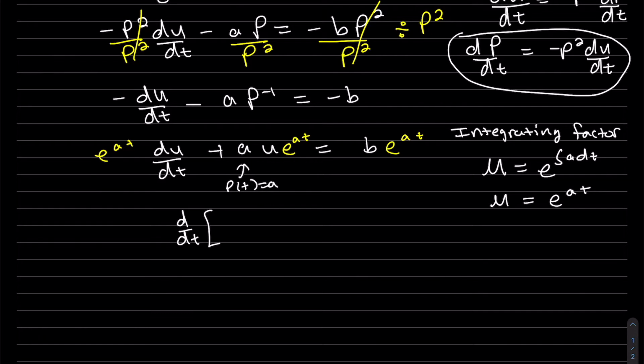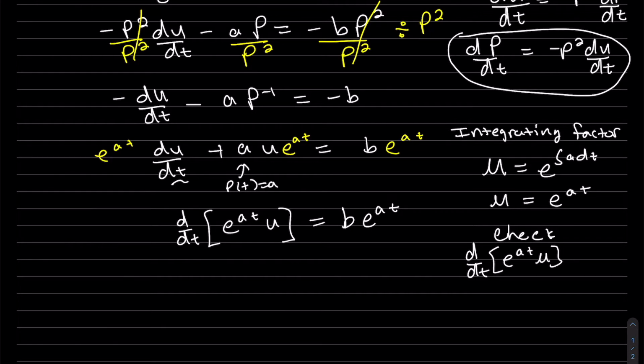This gets written as a product, mu times u, that du becomes u, and it's b e^(at) over here. It's at this point we want to always check your product rule. It's a u, not a mu. Yep, looks like it checks out.